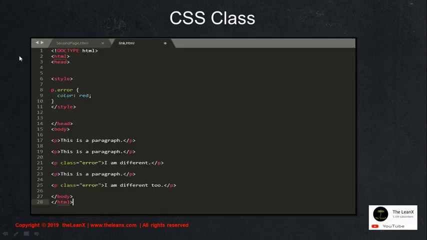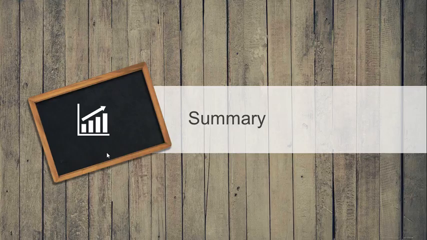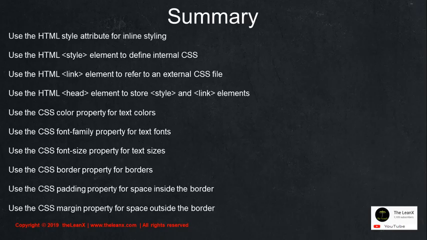So I have given a class name error to two particular paragraphs and then defined a color red, and it generally looks like this. So this was all about the CSS introduction. You should know the basics of CSS in order to work with HTML. After this, we'll not be talking much about CSS.